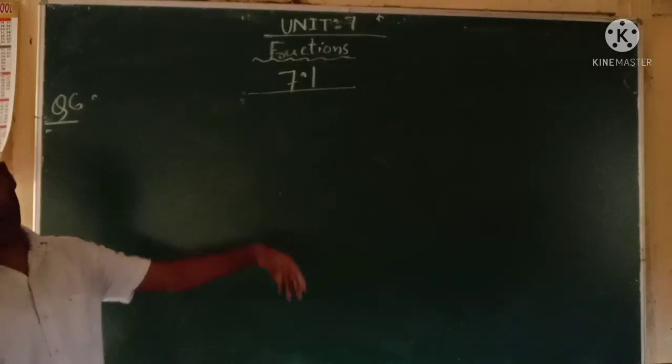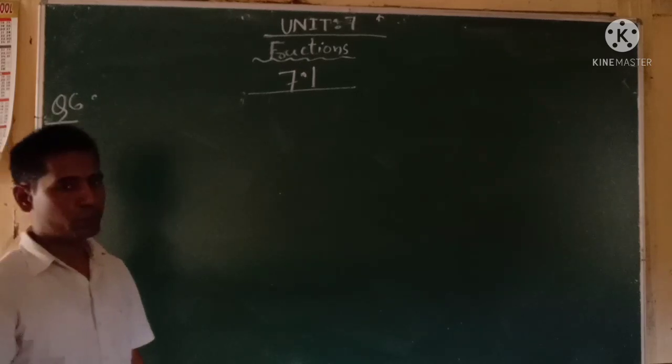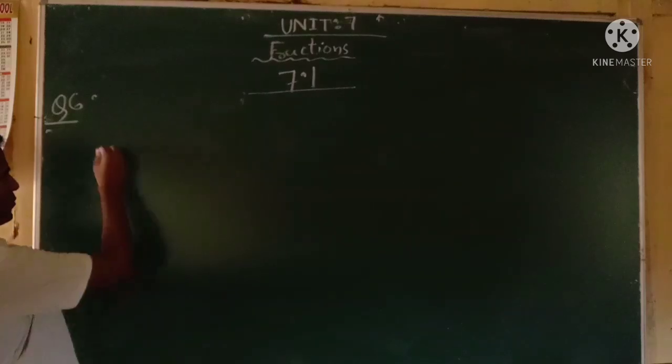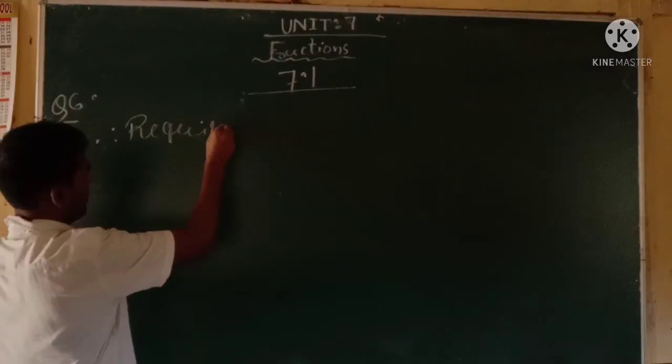Okay, this question, if you try to find out directly also, you can find out. You could have found out directly also. Required number of toffees, okay, if you want, you could have found out directly also. So you could have done like this also.